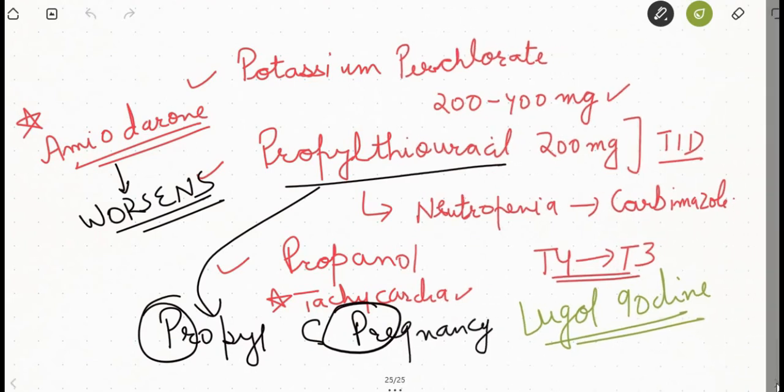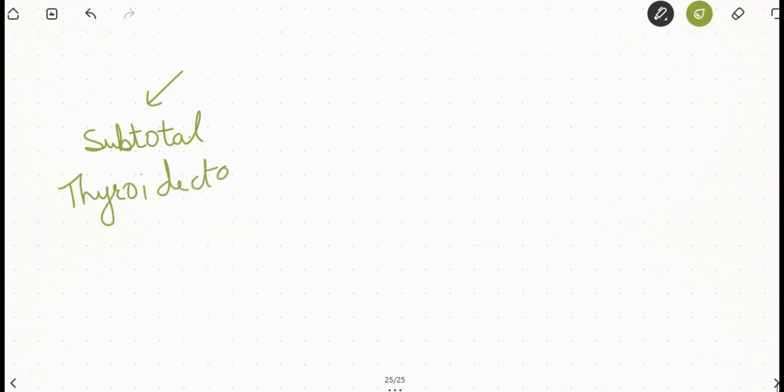Second is to reduce the functioning thyroid mass to a very critical level. That can be done through, number 1, subtotal thyroidectomy. In this procedure, the amount of thyroid gland removed is more than in toxic multinodular goiter.